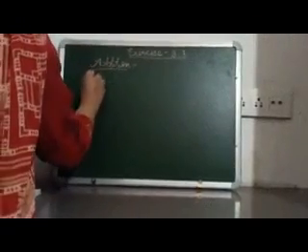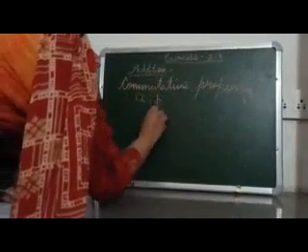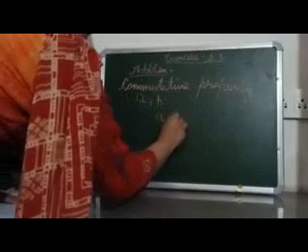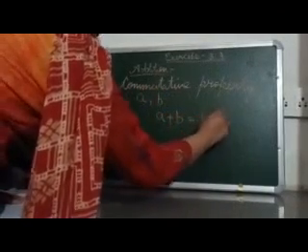Next property is commutative property. So in commutative property, if a and b are two integers, then a plus b will be equal to b plus a.